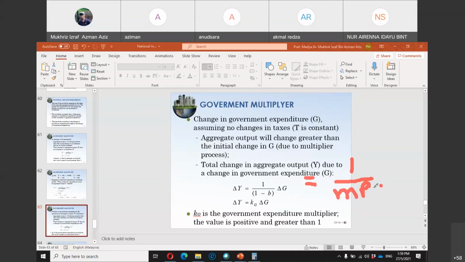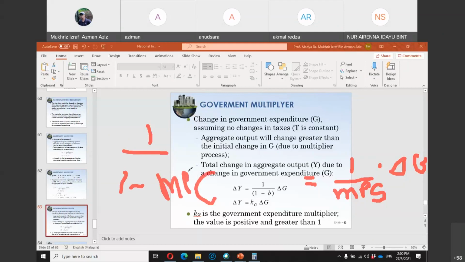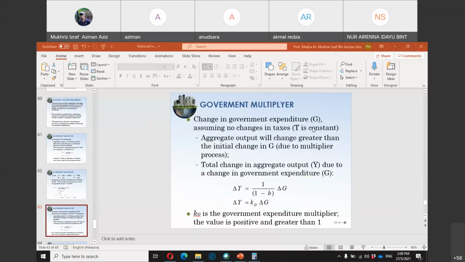You can also write it this way so that you can understand the concept of 1 divided by 1 minus B. 1 minus B is basically MPS. So 1 divided by MPS multiplied by the change in G. Or you can also put 1 divided by 1 minus MPC. It's the same thing. You need to see it from different angles so that you understand what B is. B is MPC. 1 minus MPC is equal to MPS. Sometimes you might be given directly the value of MPS, so just plug in and multiply by the change in G or the change in I.